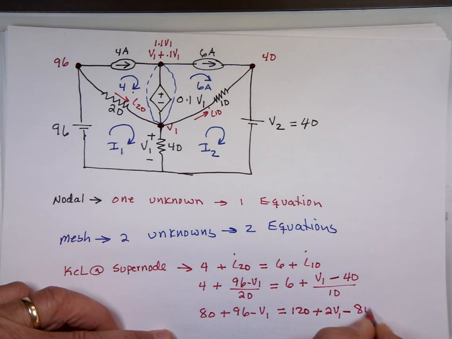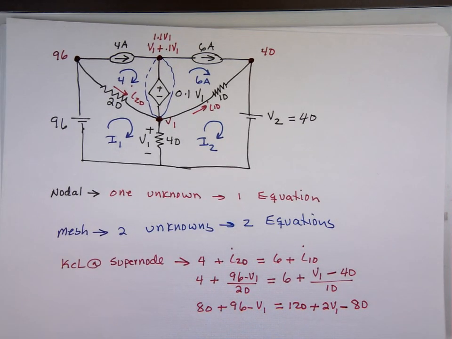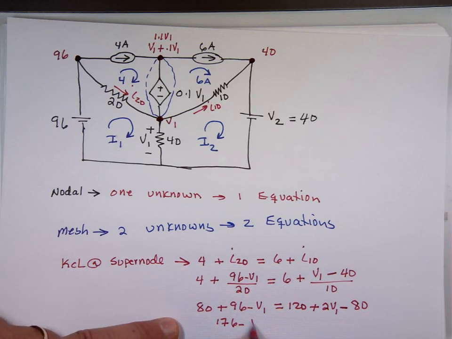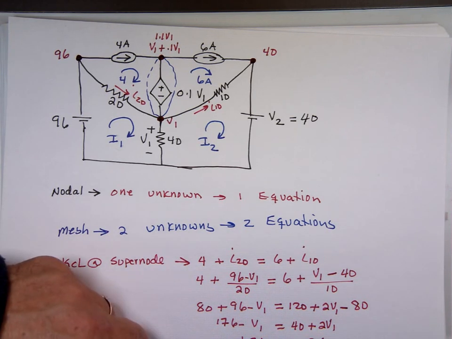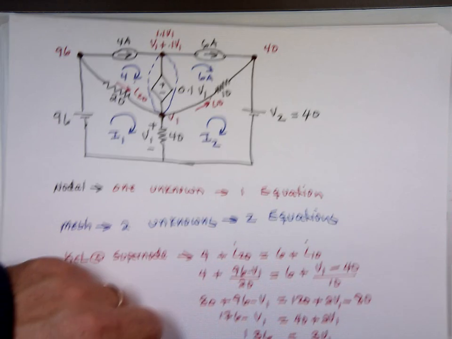It's only one unknown. 80 plus 96 is 176. 120 minus 80 is 40. 3V1 equals 176 minus 40, which is 136. 136 divided by 3 is 45 and 1/3.